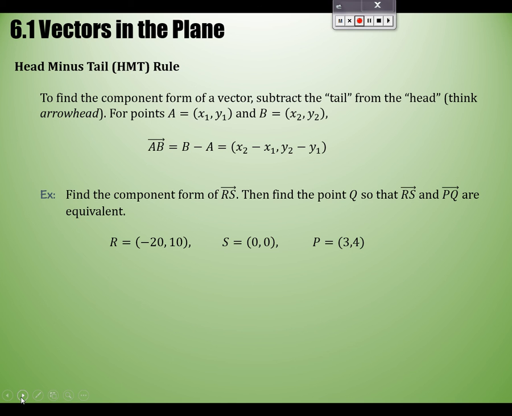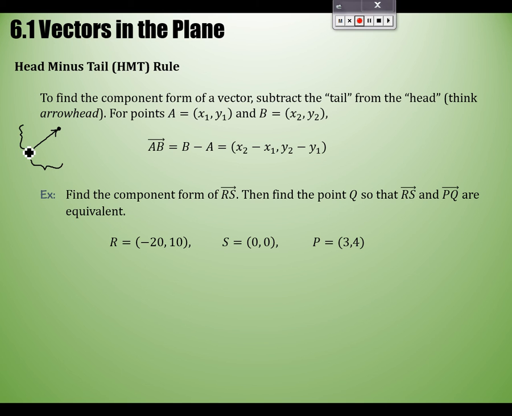I think you probably would have done that even if I didn't tell you the head minus tail rule, right? You're thinking, okay, from this point to this point, how would you compute the component form of the vector? Well, somehow I need to measure this distance from here to here. Well, that's the difference of the x-coordinates, isn't it? And how would I measure this distance from here to here? Well, it's the difference of the y-coordinates.